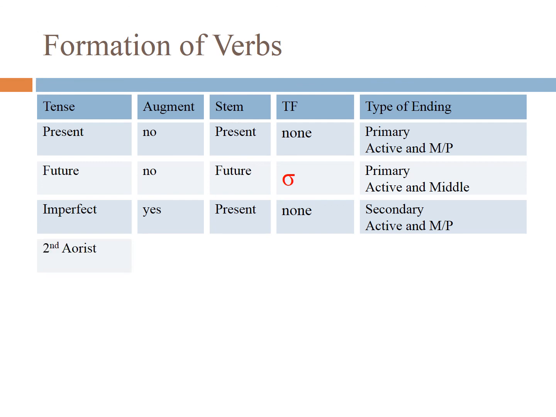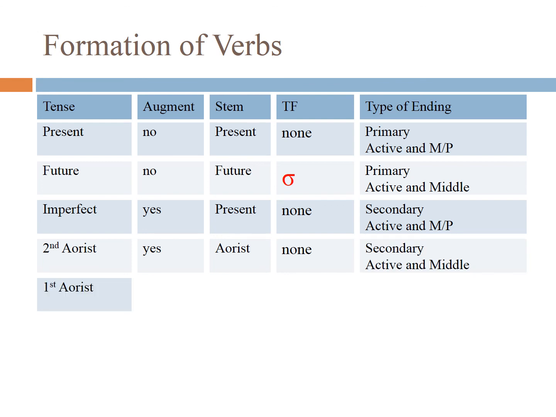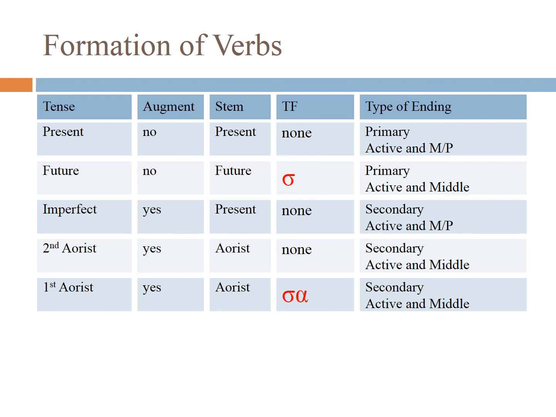The second aorist has an augment, uses the aorist stem, no tense formative, and its endings are secondary, active and middle. The first aorist has an augment, the stem is aorist, and the tense formative is σα. Endings are secondary, active and middle.